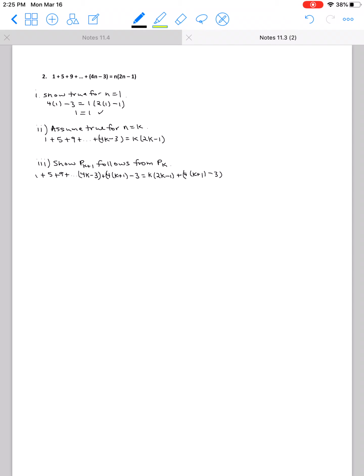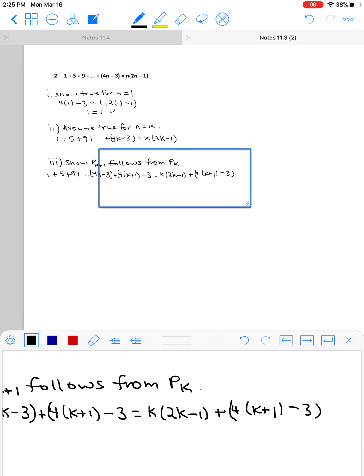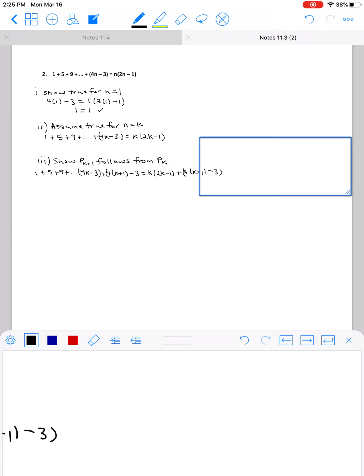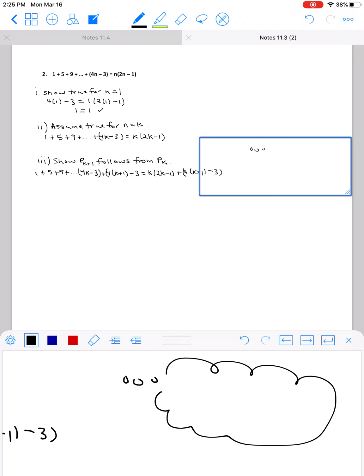Now remember, we're going to work the right side. So if I have my thought, it would look like this.